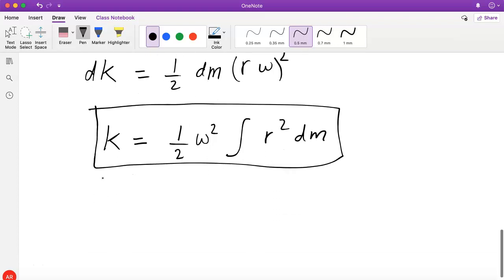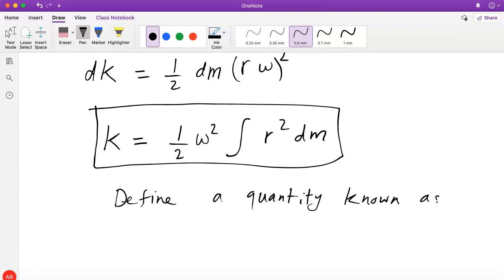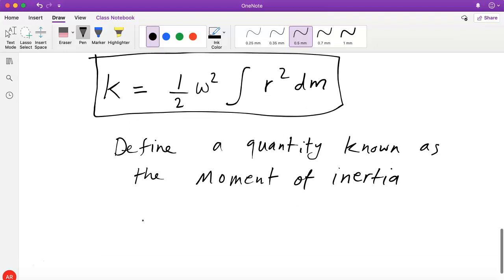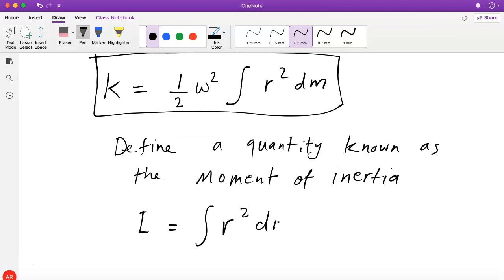So this motivates us to define a quantity known as the moment of inertia, I, to be equal to that integral, r squared dm.